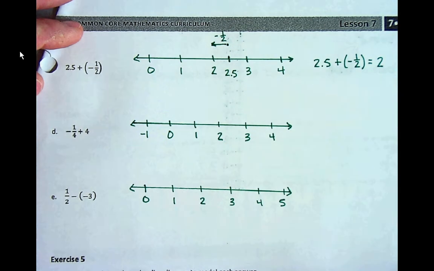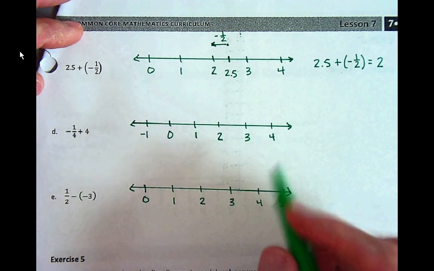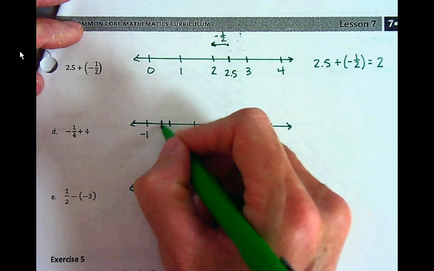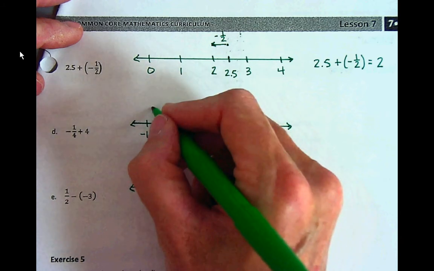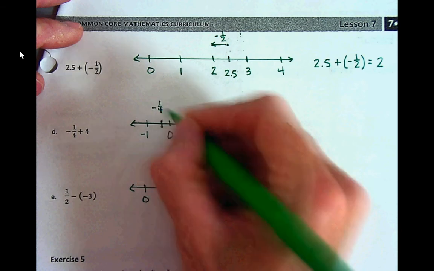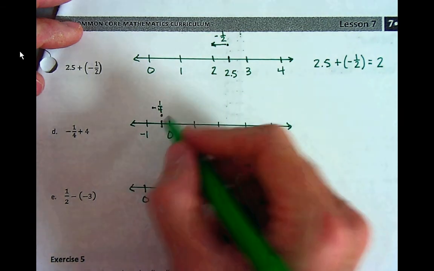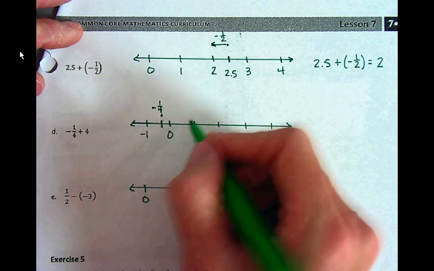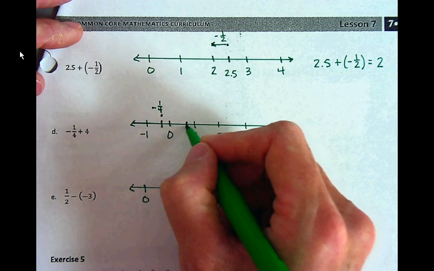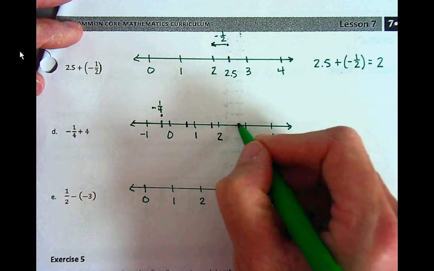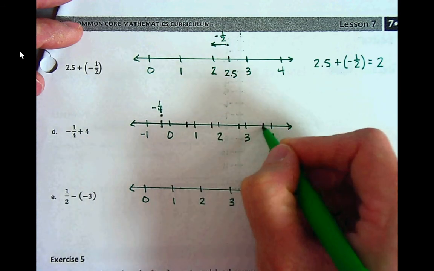All right, for D, I have minus 1/4 plus 4. Minus 1/4 would be right here, approximately. So here's minus 1/4. And I'm going to add 4. So if I add, this would be the equivalent of 1, 2, 3, 4.